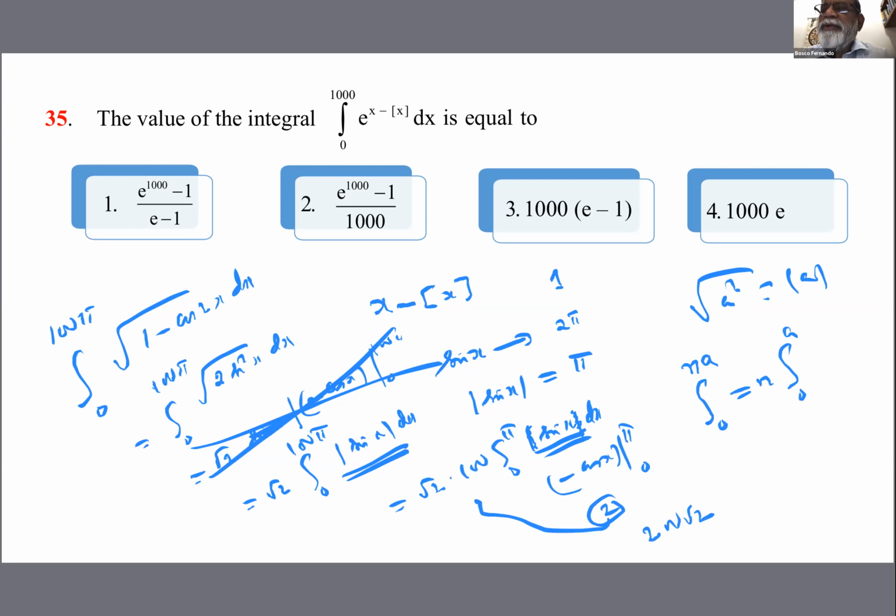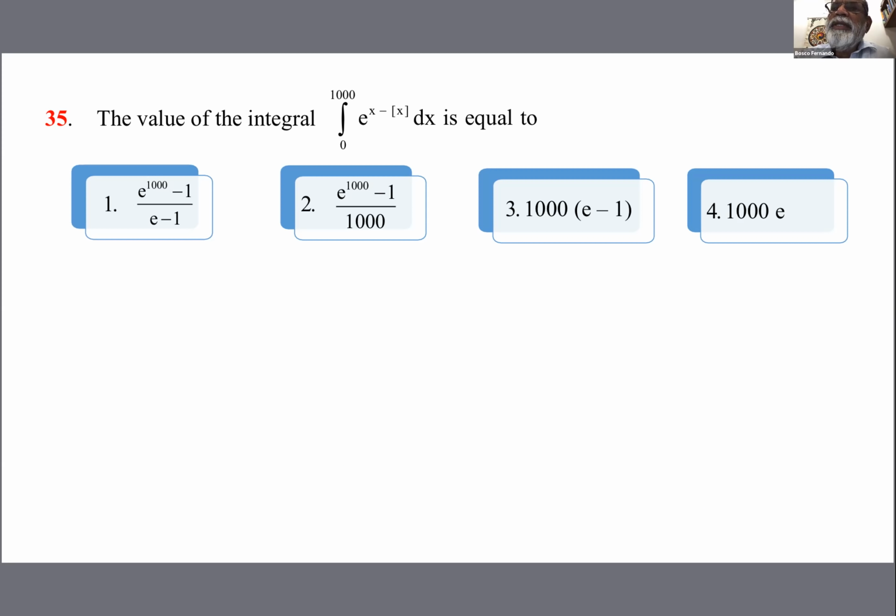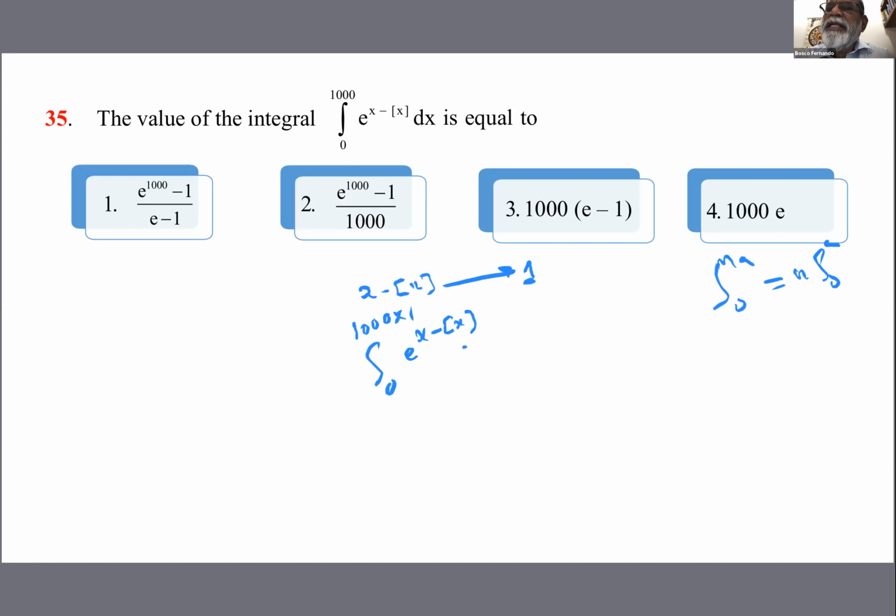Now, similarly, coming to this problem, x minus greatest integer containing x is a periodic function with period 1. So integral 0 to 1000 is 1000 times integral 0 to 1.